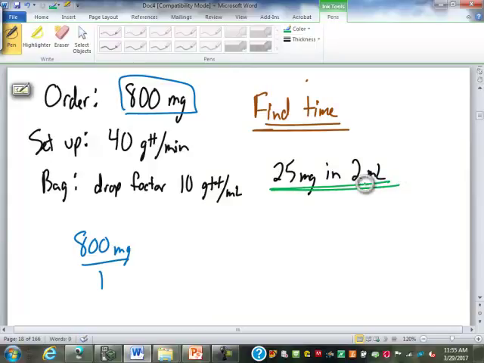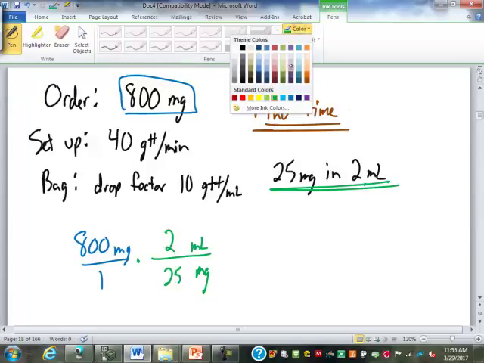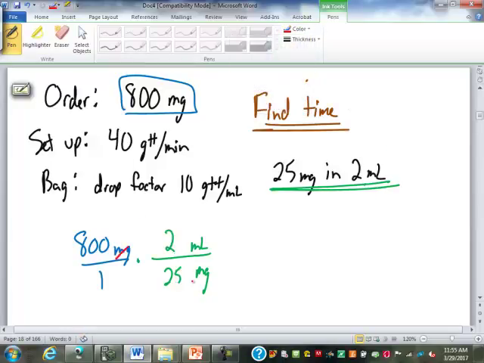Milliliters is not where we want to go either, but it gets us away from the milligrams. So that's saying 25 milligrams in 2 milliliters. So the milligrams are now gone. If I wanted to, I could cross-cancel the 25 and the 800 here as well. I'm going to go ahead and do that. So I divide by 25, that's 1. I divide by 25 here, and that should be 32 milligrams.